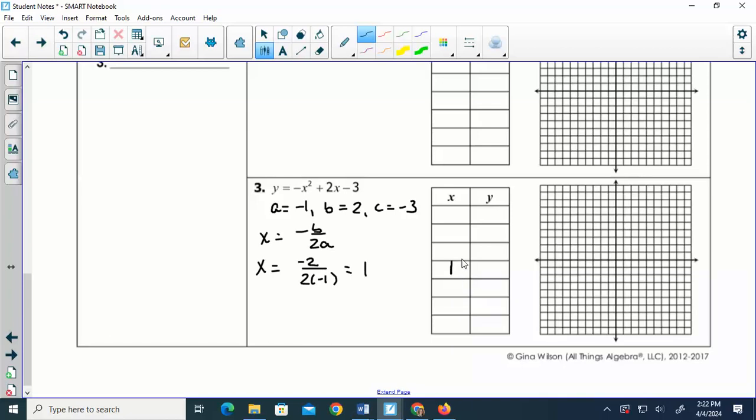Okay, let's get our points. So go into our table feature. We're just going to put enough points down to fill this table up.